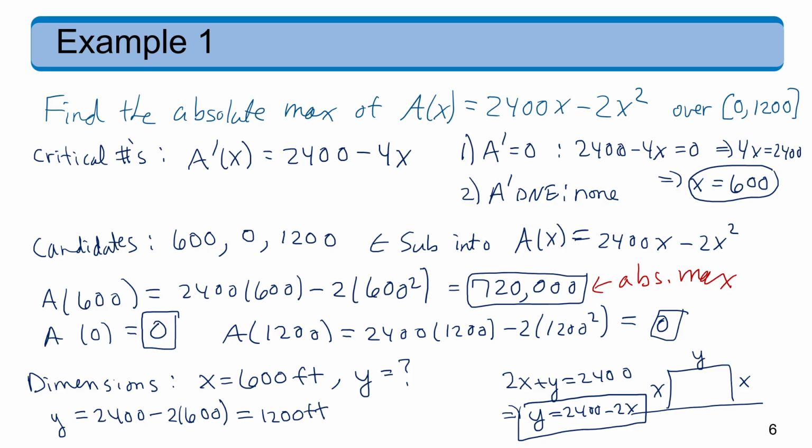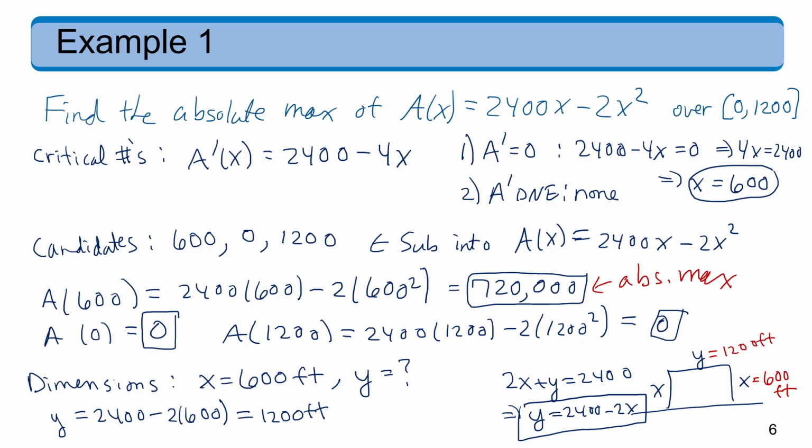If you just say 600 by 1200, that's not enough information, because one of them we have 2 copies of, and the other we have only 1 copy of, so you have to be clear. It might help to label them on your picture. So this should be 600 in that direction, 600 feet. And then the y, this direction, should be 1200 feet.